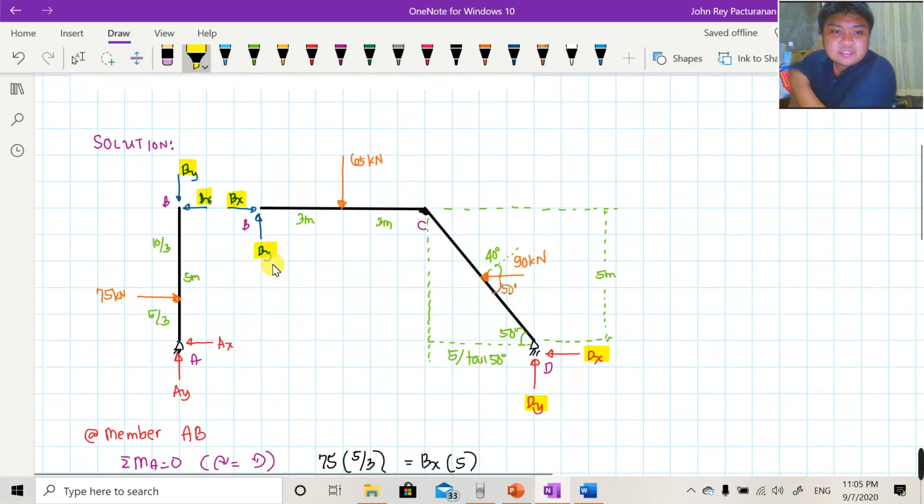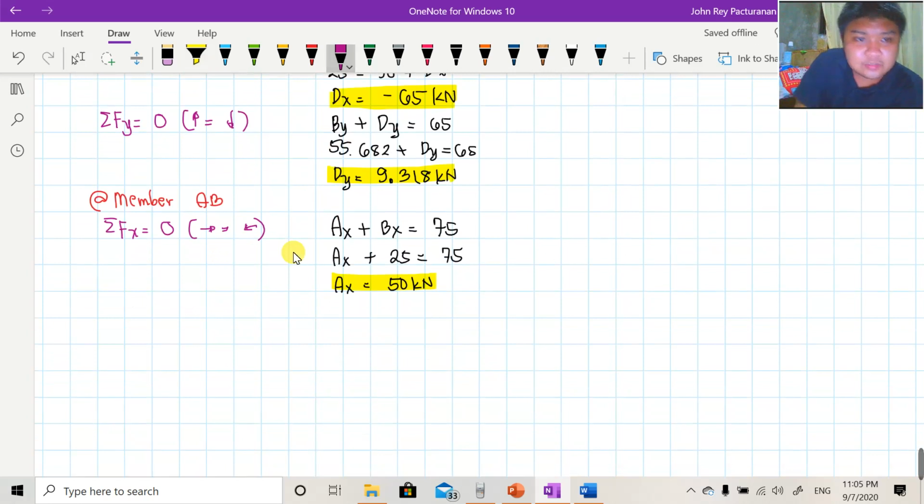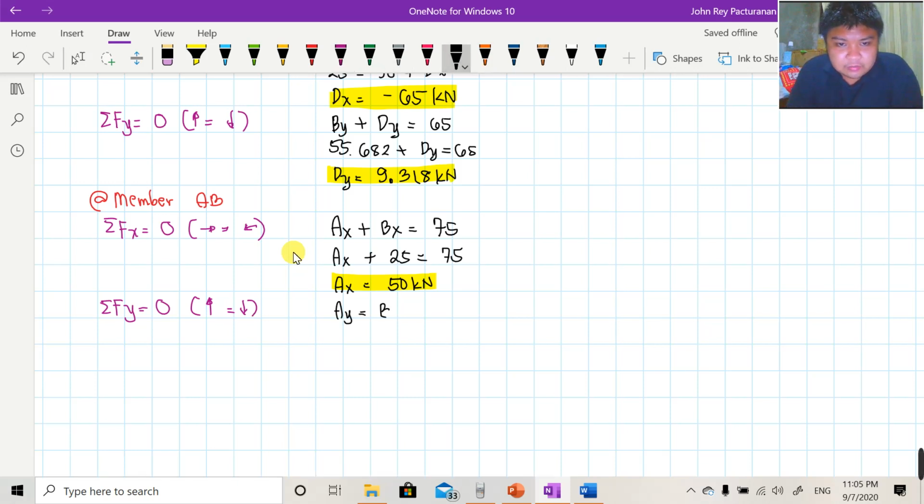So, let's put it up. We found it. And lastly, for ay, we just do summation of vertical forces equals 0, so up equals down. Therefore, ay equals by.